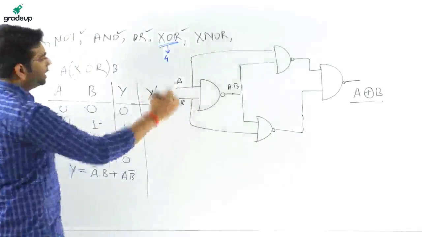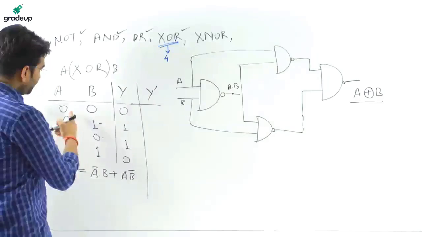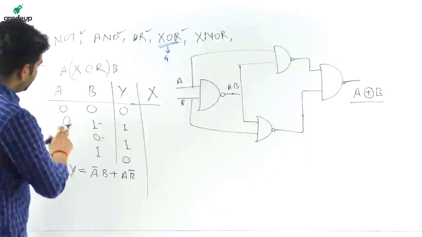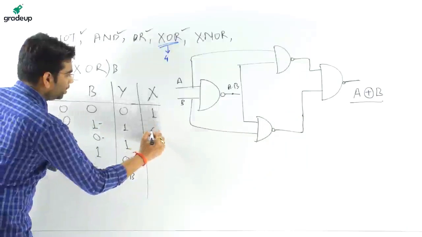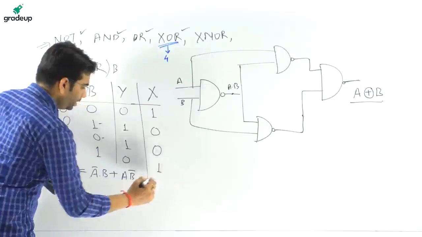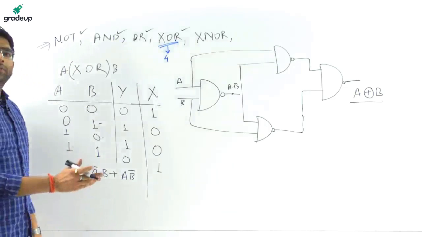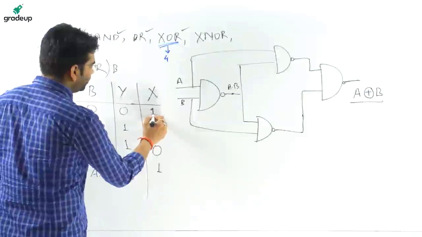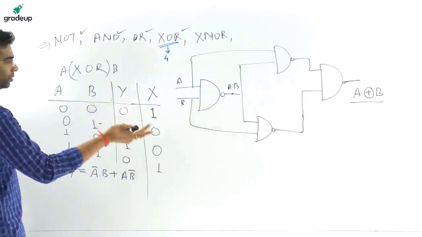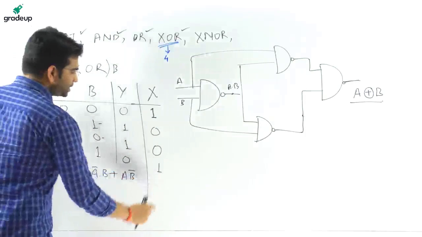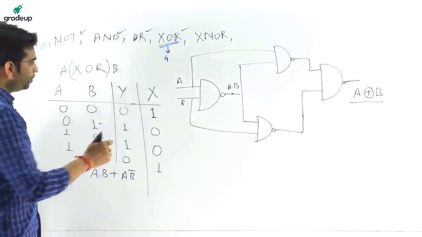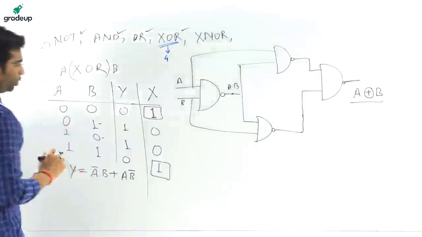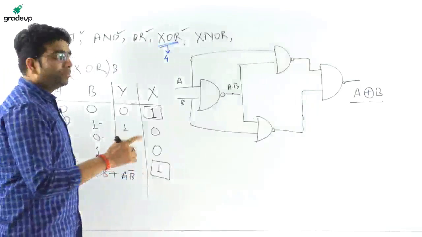Take XNOR as Y complement, or take it as a new value called X. If the inputs have an even number of ones, then the XNOR gate will have value 1. Both are 0 or both are 1, means if the two inputs have the same value, then it will have high logic. It is also used to detect similar inputs.